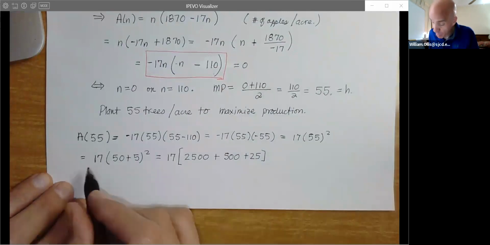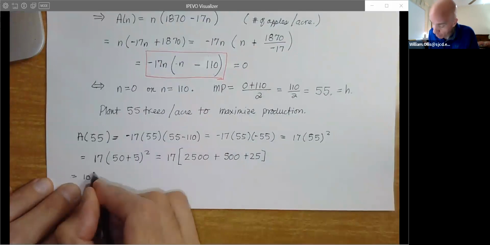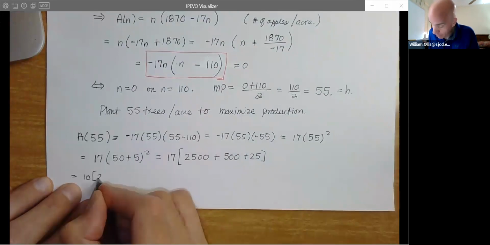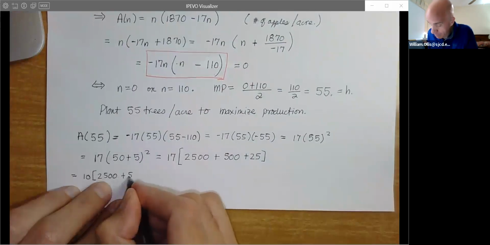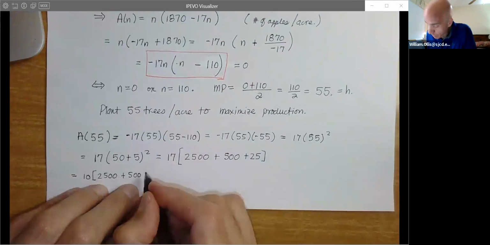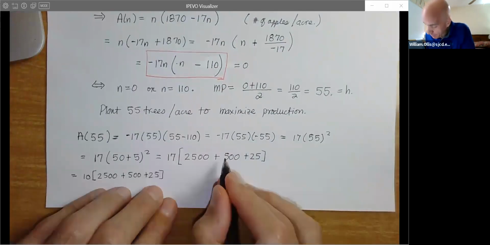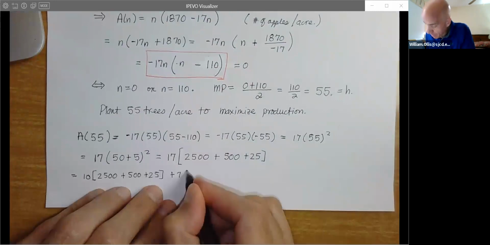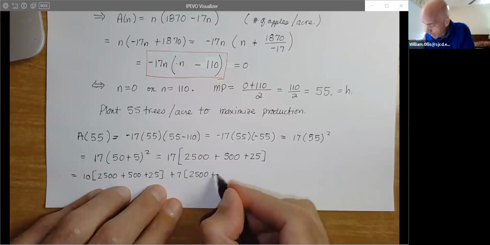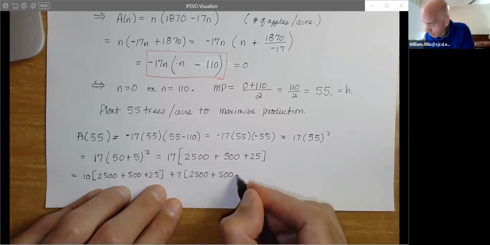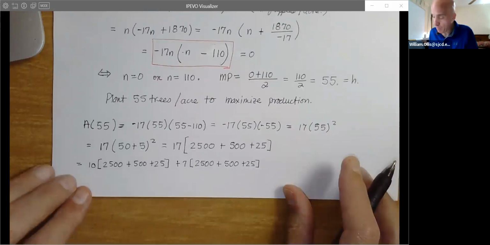So what I can do is now write 10, that's an easy number, 2,500 plus 500 plus 25, and then plus 7, 2,500 plus 500 plus 25. So that makes the computation very simple.